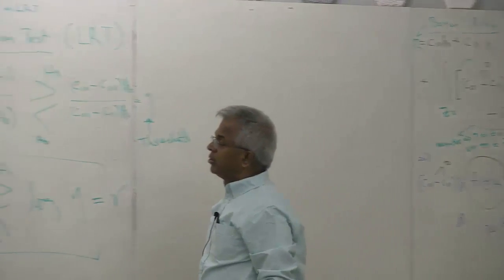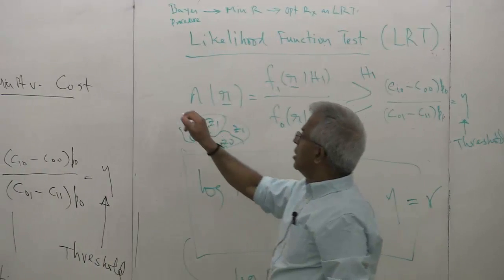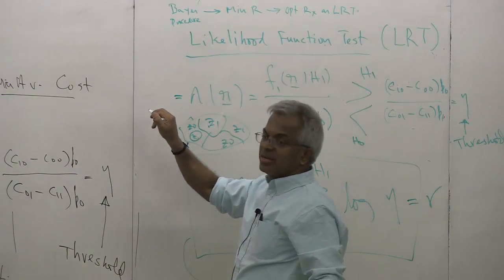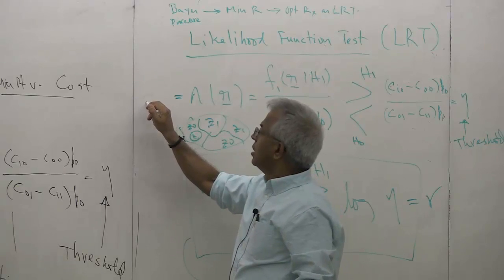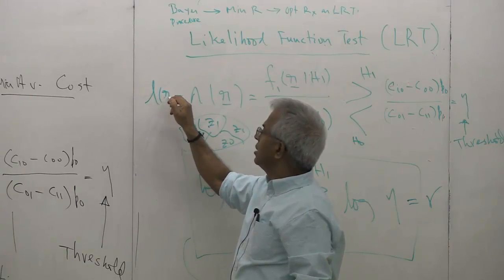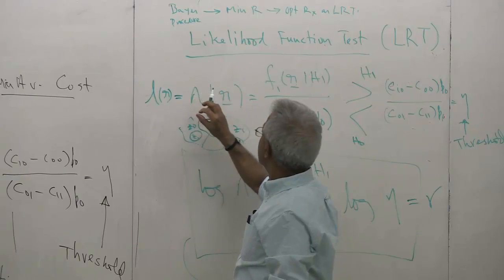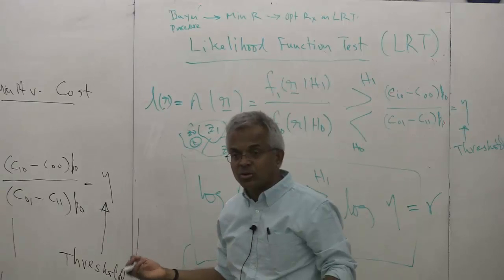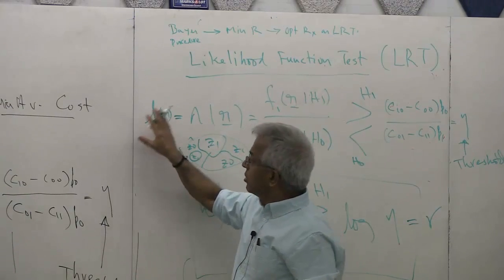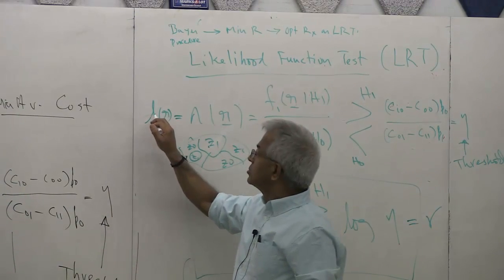We'll discuss this in detail. I want to do an example so that you know how to do this. Ultimately, remember, you look at the left side and keep manipulating, and it will turn out to be a function of the data. That's all you have, so you don't want anything else on the right side.